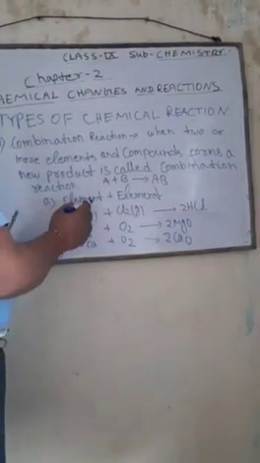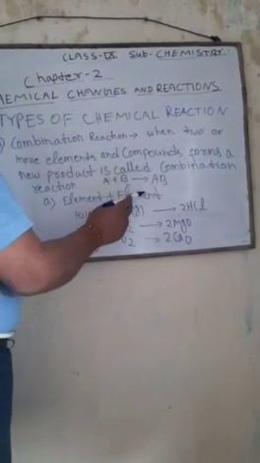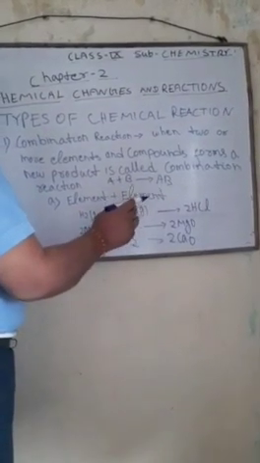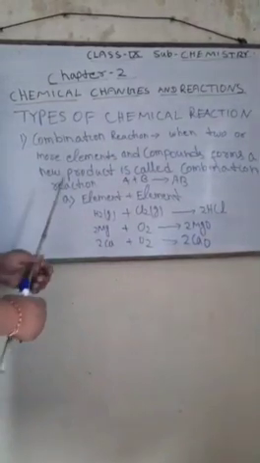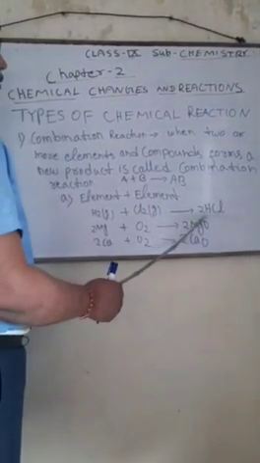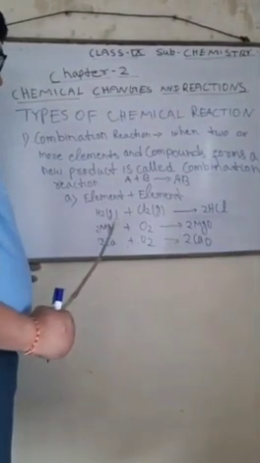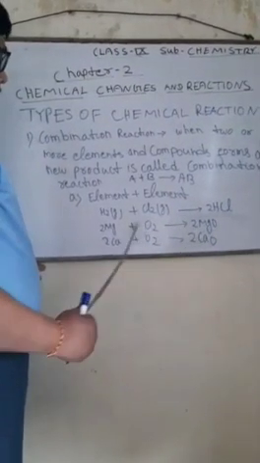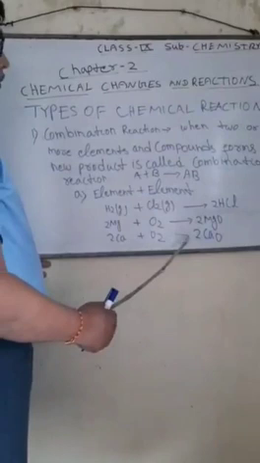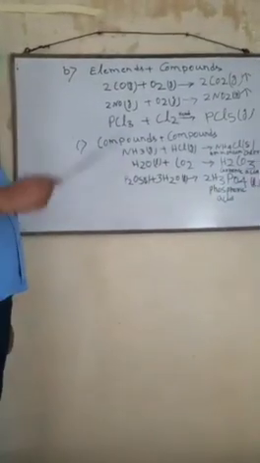An element reacts with an element to form a compound, like H2 reacts with chlorine to form HCl. Mg reacts with oxygen to form magnesium oxide. Calcium reacts with oxygen to form calcium oxide.